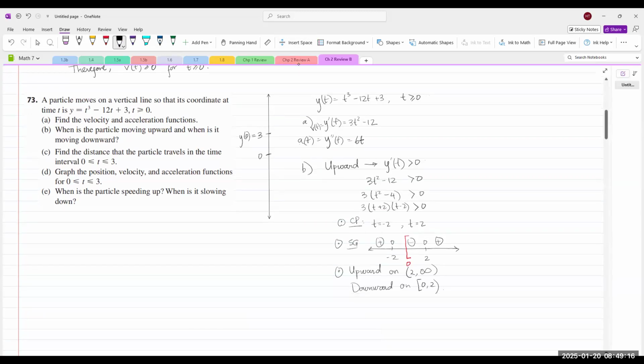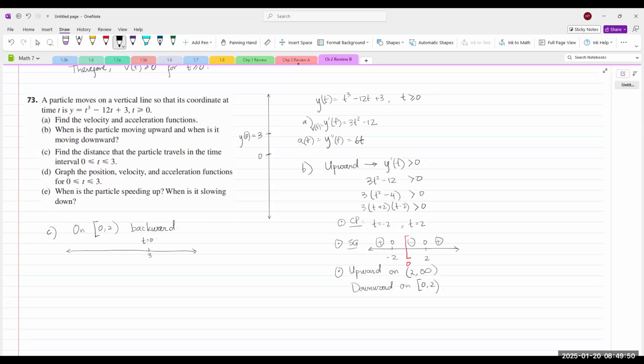Part C. Find the distance that the particle travels from time 0 to t equals 3. Well, we know that on the interval 0 to 2, it's moving backward. So at time 0, it's at 3.